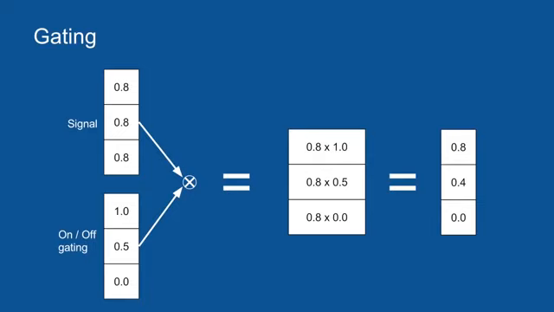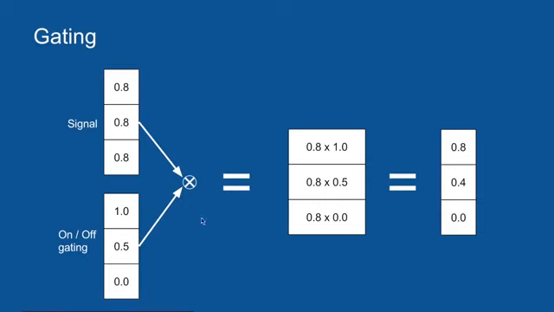Now, element-wise multiplication lets you do something pretty cool. Imagine that you have a signal, and it's like a bunch of pipes, with a certain amount of water trying to flow down them. In this case, we'll just assign the number 0.8. It's like a signal. Now, on each of those pipes, we have a faucet, and we can open it all the way, close it all the way, or keep it somewhere in the middle to either let that signal come through or block it. So an open faucet would be a 1, and a closed faucet would be a 0.